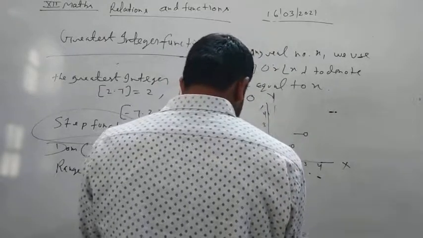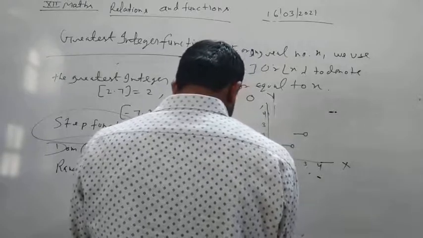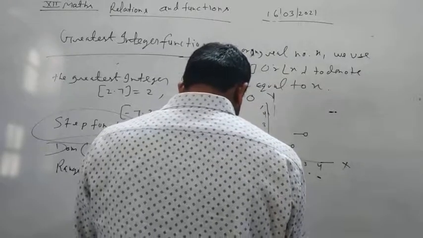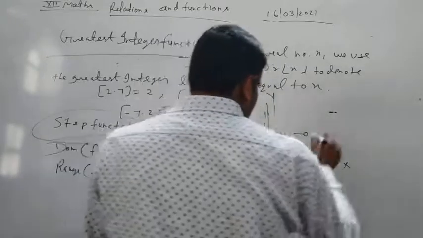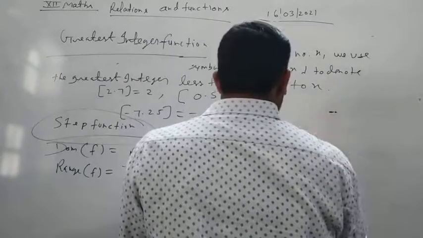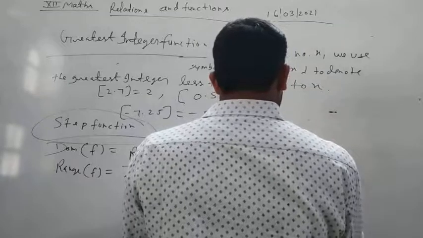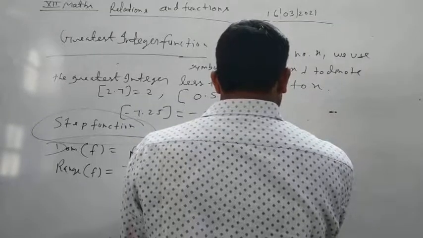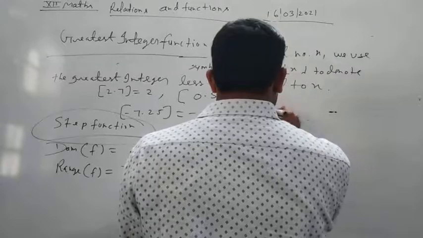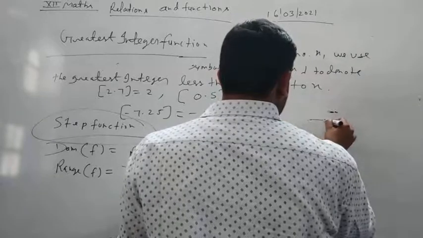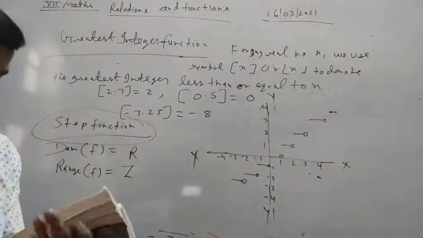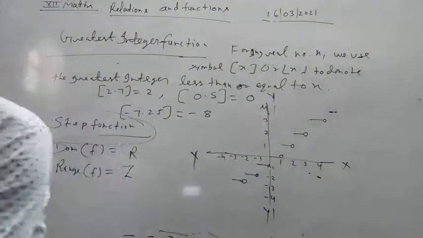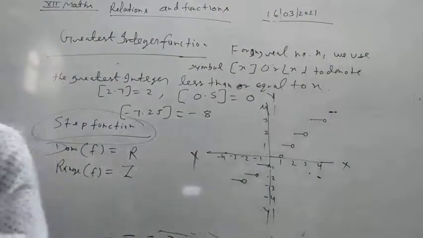And from this and from this, and this is like this, okay students. So this is the graph of the greatest integer function.